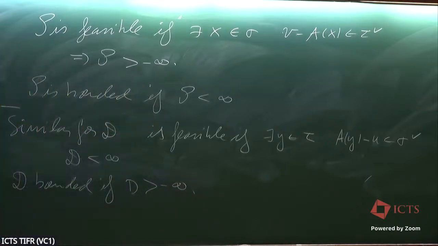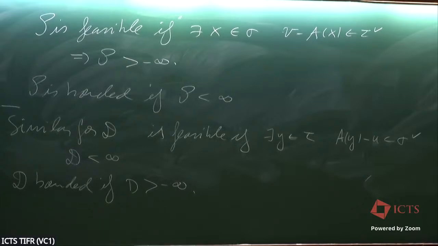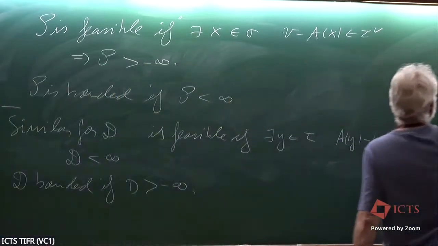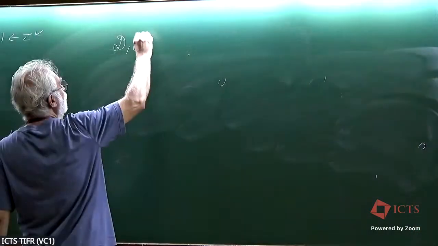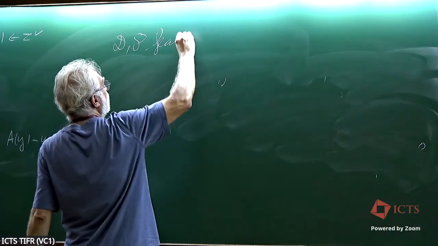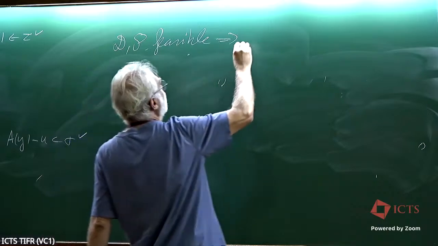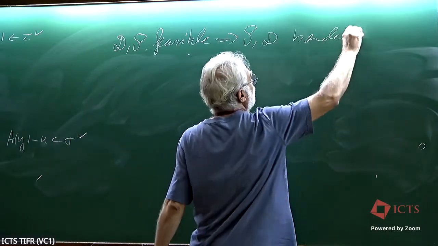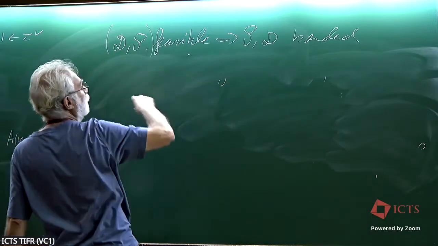And of course, since we have this weak duality, if D is feasible, then we have an upper bound of P. So D feasible implies that P is bounded. It's clear, no?